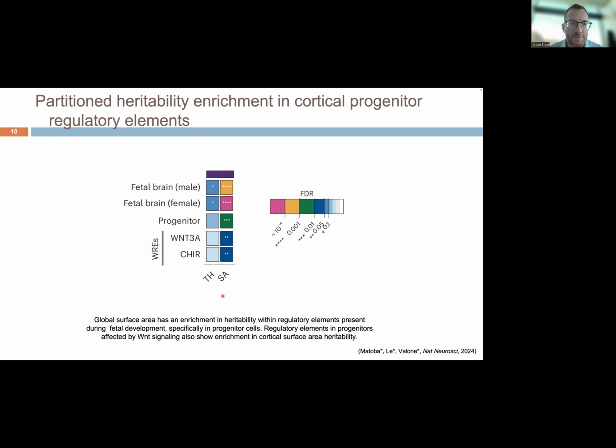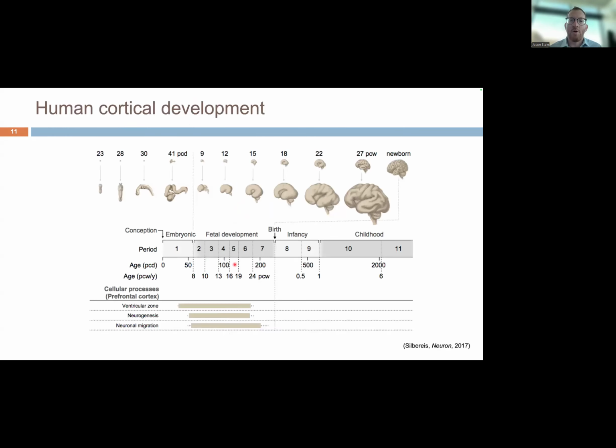And we found that there was an enrichment in heritability within regulatory elements present during fetal development, specifically in progenitor cells, and that regulatory elements in progenitor cells affected by Wnt signaling through these two different compounds also show enrichment in cortical surface heritability. So overall, what does this say? What did we learn from doing our GWAS of cortical surface area? We can try to kind of imply which cell types and developmental time periods influence cortical structure.